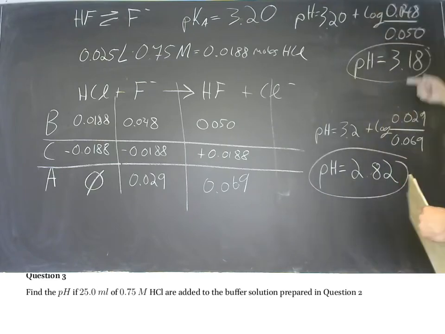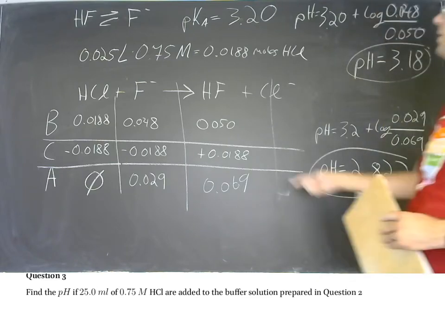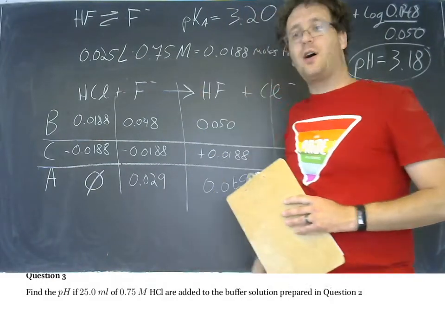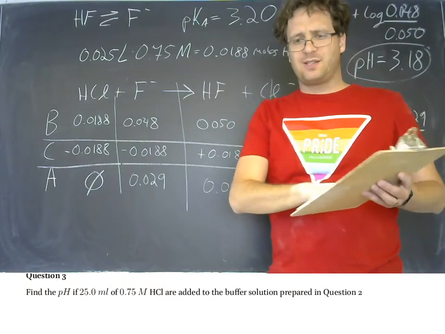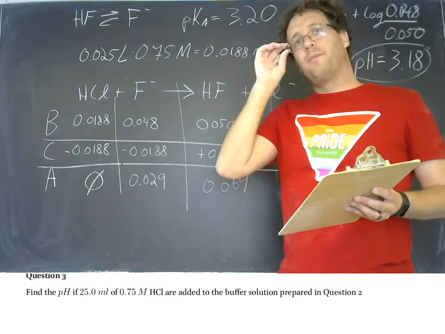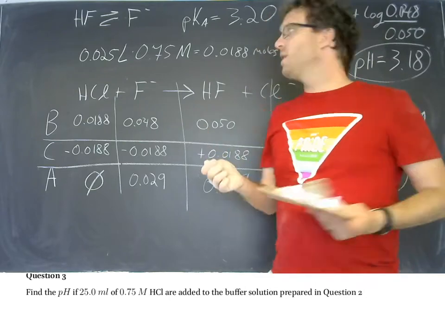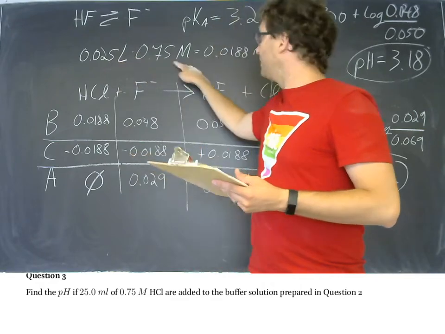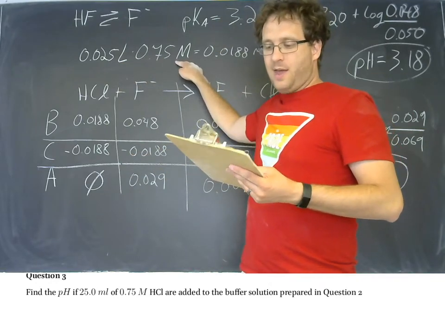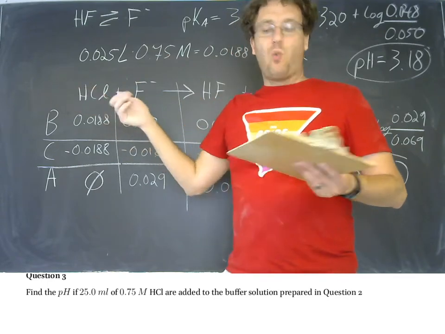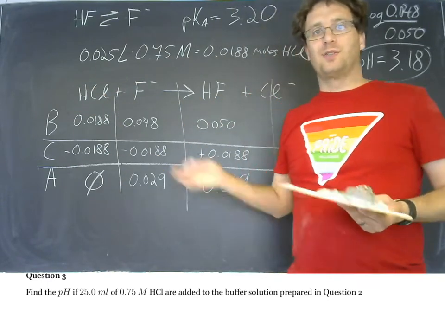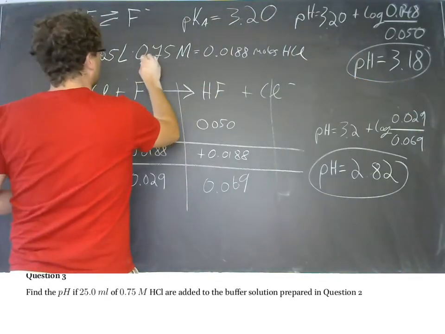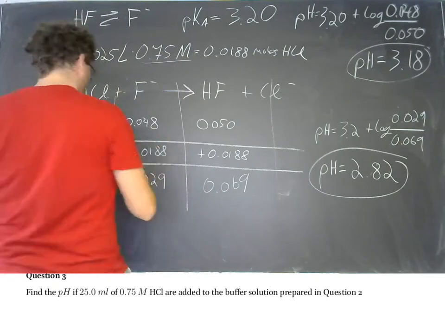which I think is a very modest change considering we put a decent volume of a decently concentrated strong acid into our solution. And I didn't ask this on the quiz, but let's consider what would be the pH change if we put 25 milliliters of 0.75 molar hydrochloric acid into 100 milliliters of water instead of into 100 milliliters of this buffer solution. Let's figure out what the pH would be. What we really just need to do is take this molar concentration and perform a dilution.